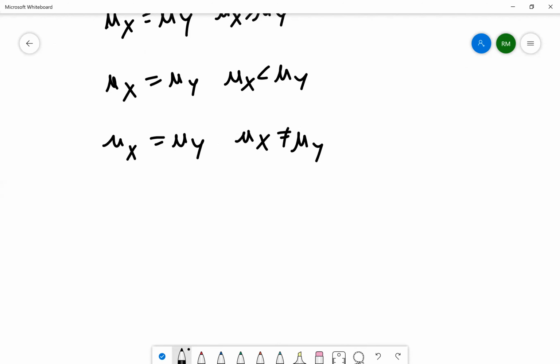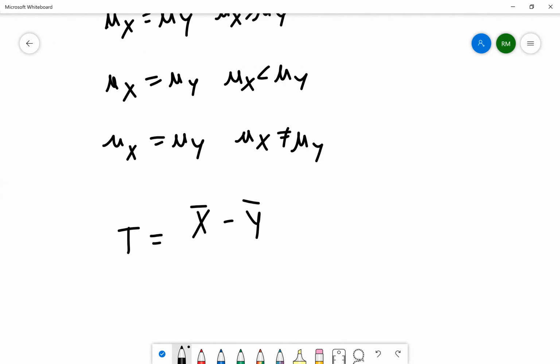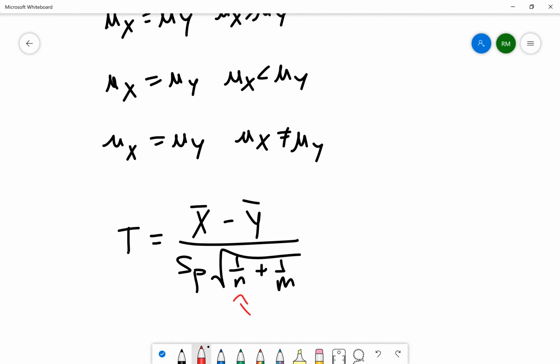The t-statistic for our difference of two means is the difference of the sample means divided by S_P times the square root of 1 over n plus 1 over m. n and m are the sample sizes.